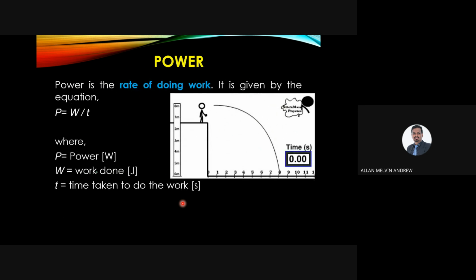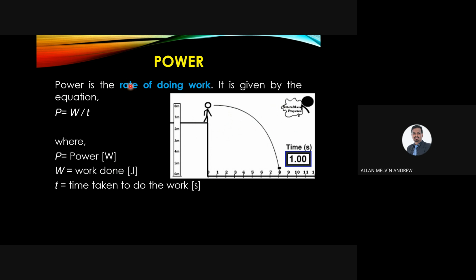Okay, power is the rate of doing work. It is given by the equation here. So power is the rate of doing work. Earlier we saw the work done, that's the amount. This is the rate.